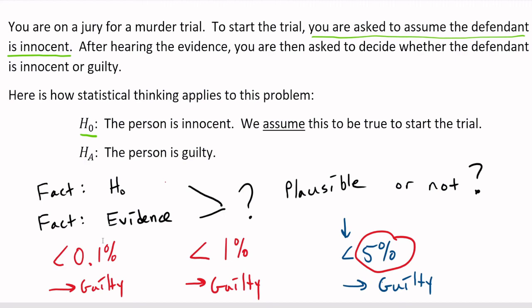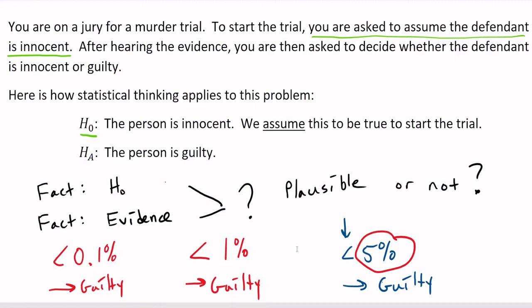Because there might be people who are guilty, but the evidence just isn't quite as convincing, even though they are guilty. And so you taking this cutoff and dropping it might make that person who really didn't have the strongest evidence but was still guilty, now they get to go free because you dropped that cutoff down to try to help people who are innocent. And that's a whole other can of worms discussion, right?